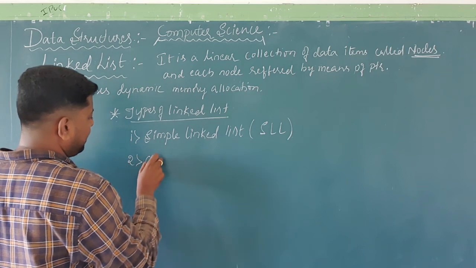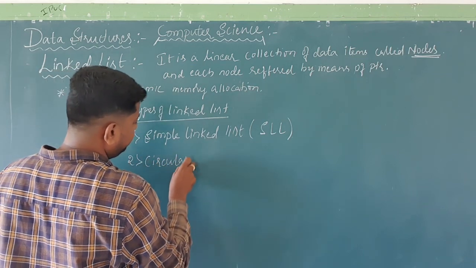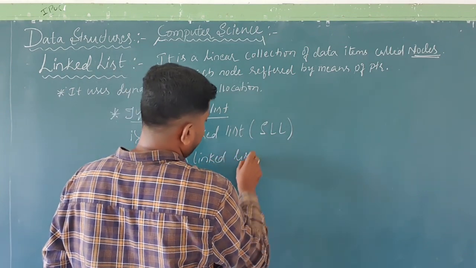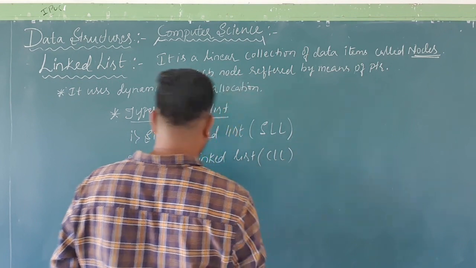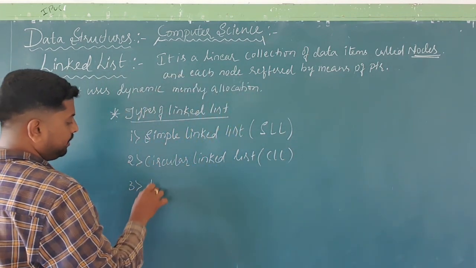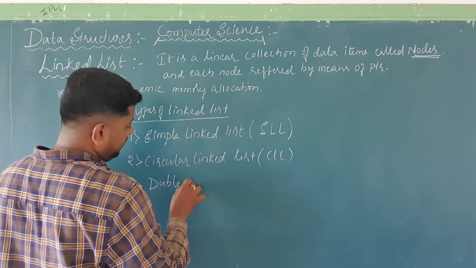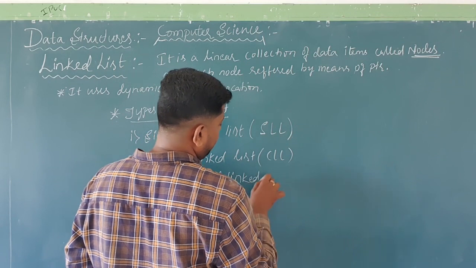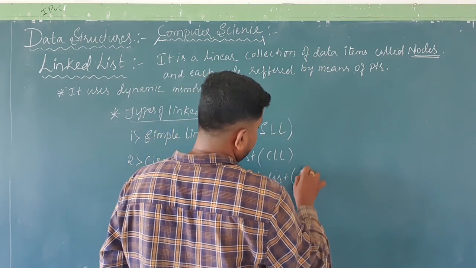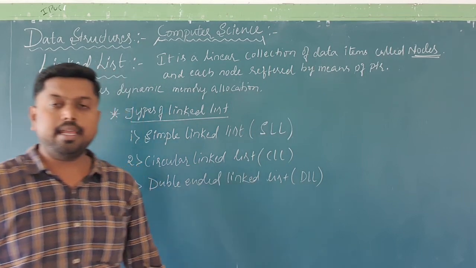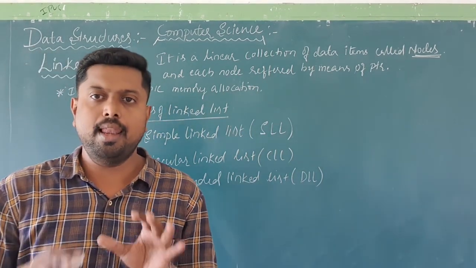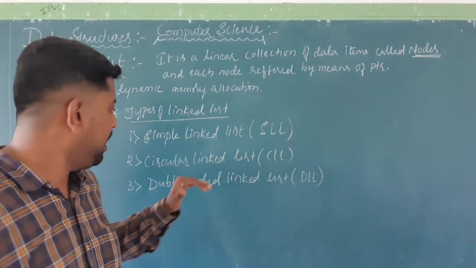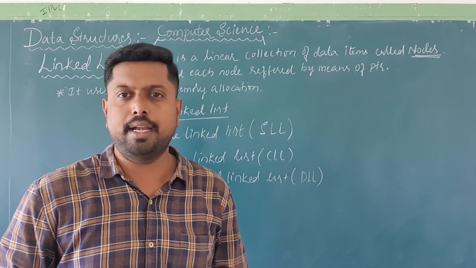Second one, circular linked list, that is CLL. And third one, double-ended linked list, that is DLL. These three are the classifications of the linked list: simple linked list SLL, circular linked list CLL, and double-ended linked list DLL.